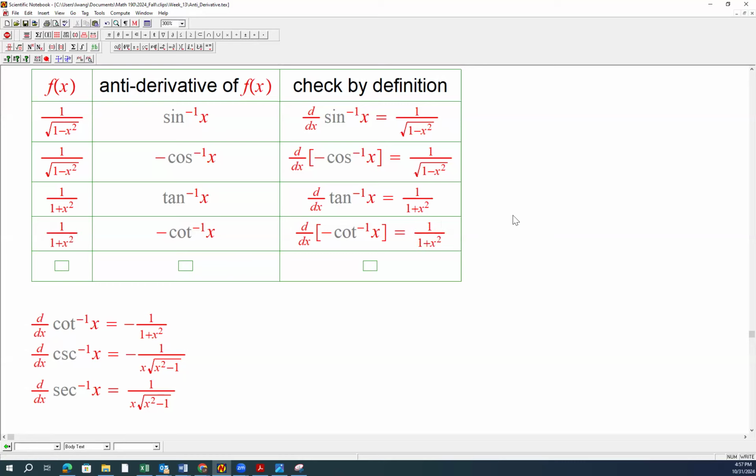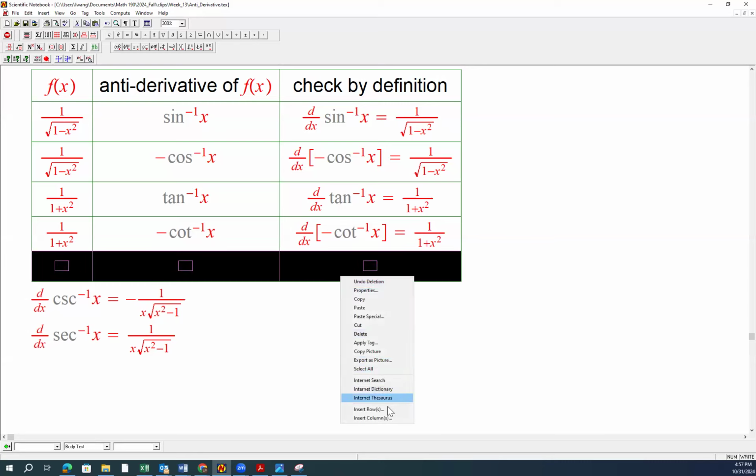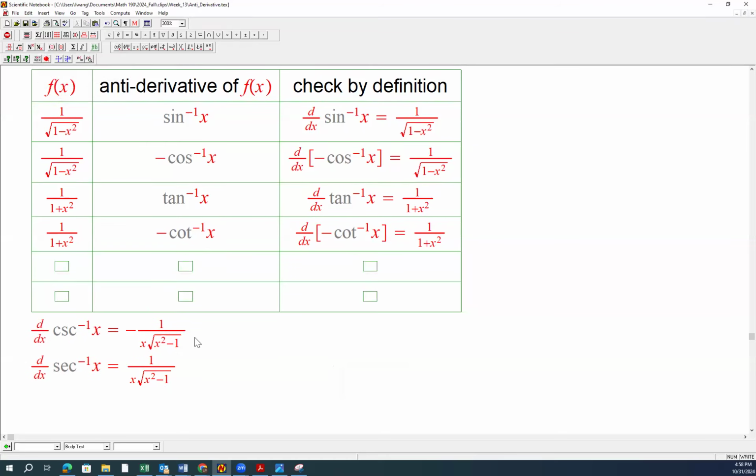The purpose of doing this is not for you to memorize them, it's so that you know how to derive them. And last, these two are rarely used.